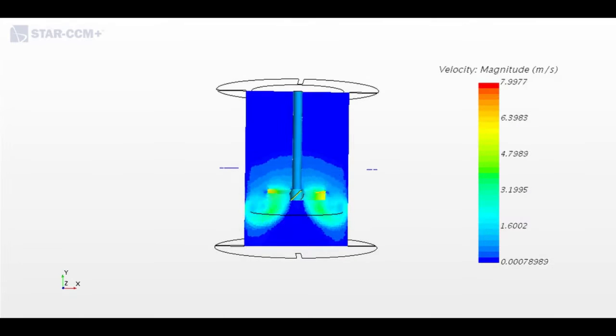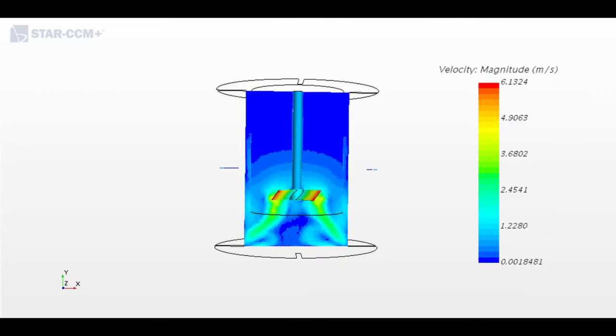The new design velocity pattern, on the other hand, has a higher velocity and clearly has the axial flow we talked about earlier in the presentation.